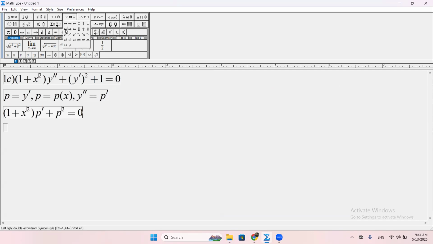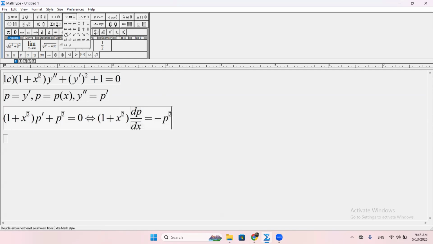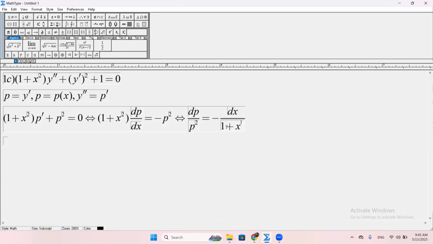Actually, we received the equation with separable variables. So let's separate variables and integrate. So dp by dx equals minus p square. Then continuing separating variables, dp by p square equals minus dx over 1 plus x square.